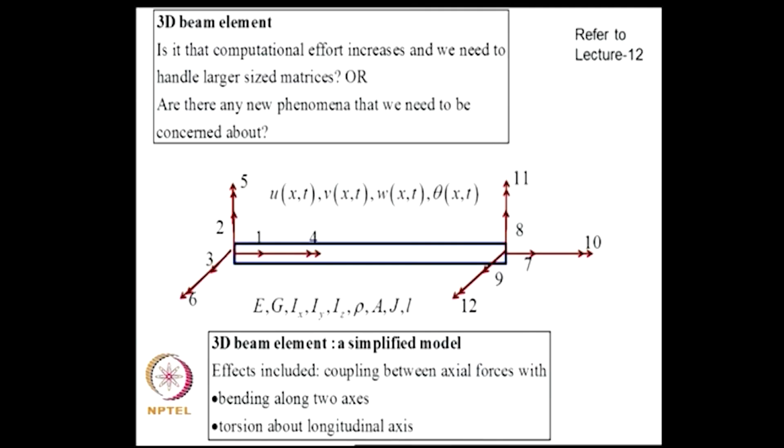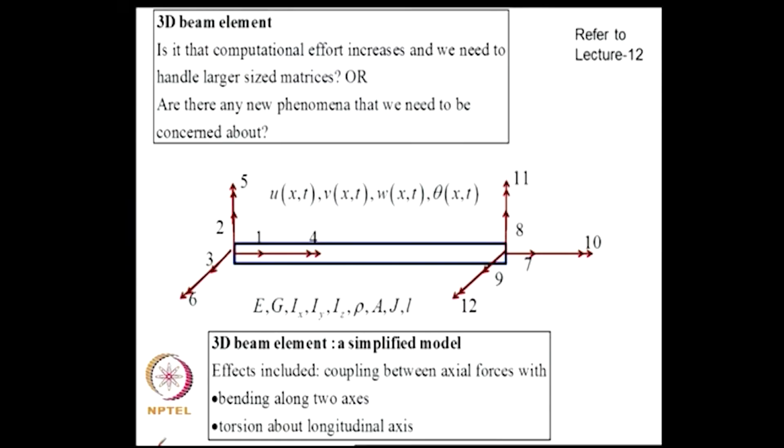Okay. So, we can start with a very simple model. We can include effects of coupling between axial forces with bending along the 2 axes and torsion about the longitudinal axis. So, in a 3 dimensional beam due to axial load the beam can buckle in 2 directions.